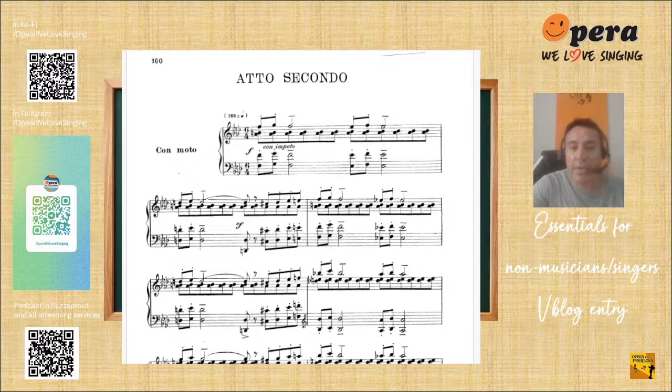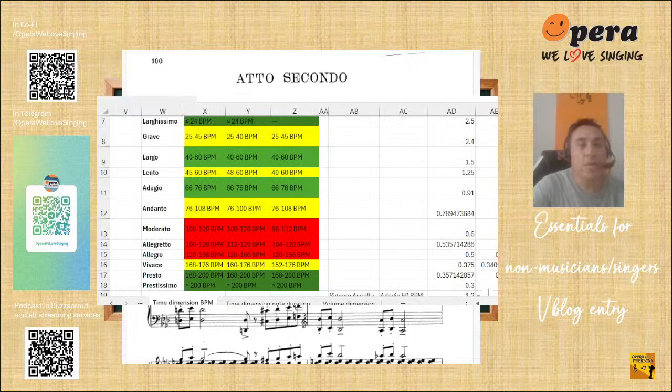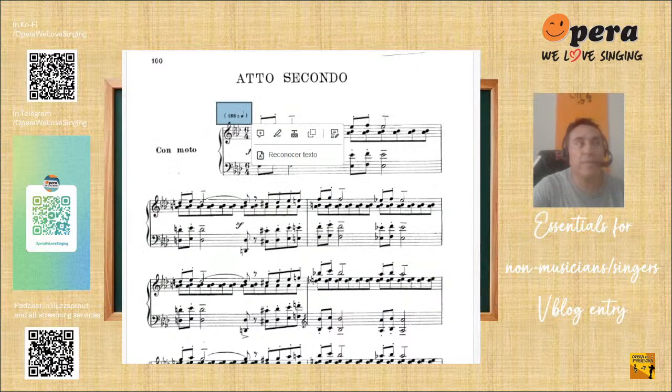Take a look at the score and notice that we have our indication of the tempo where a quarter is 168. 168, if we go back to our example here, let me put it on the screen again, you will notice that the 168 is going to fall here around the range of the vivace, even though that comment you cannot find on the score.